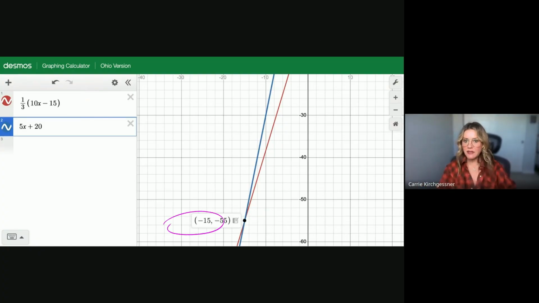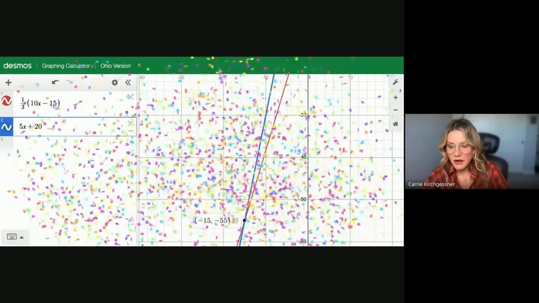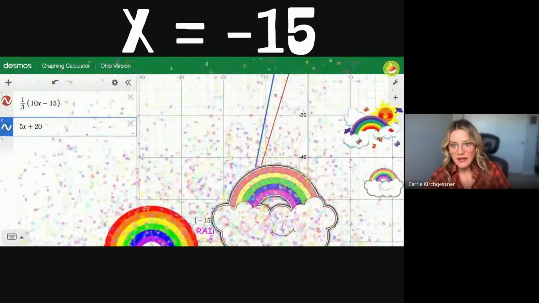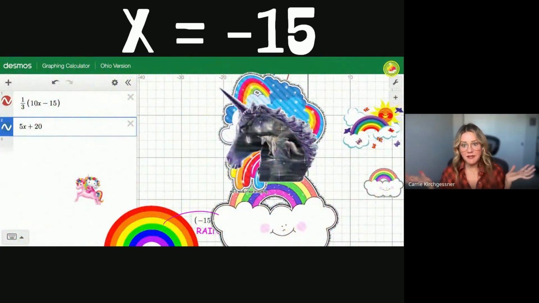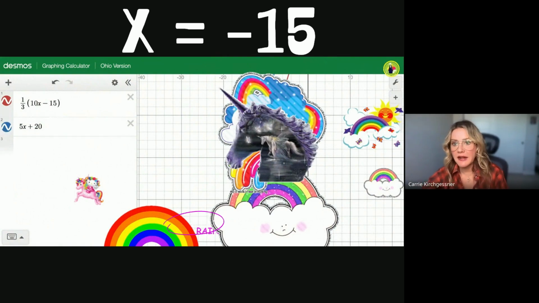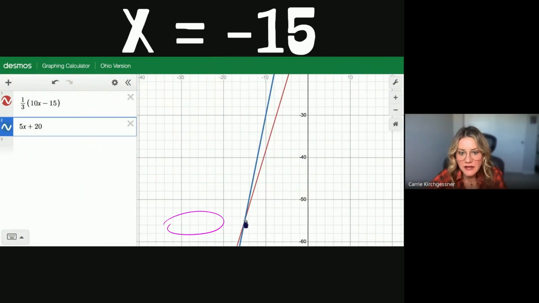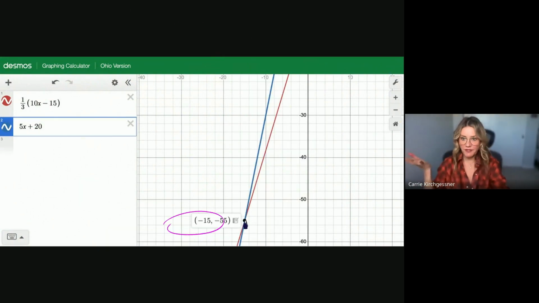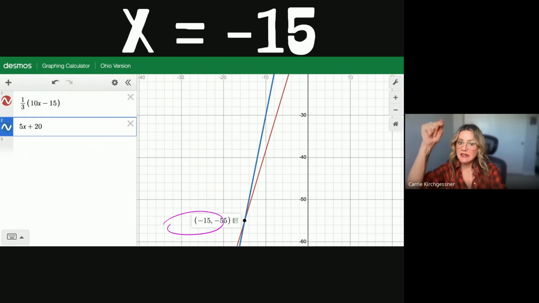Yep, that's right, Jamari. Nice work. Yeah, it's going to be negative 15. So when it's asking for the solution, it's just asking for the x. So the solution here is going to be x equals negative 15.